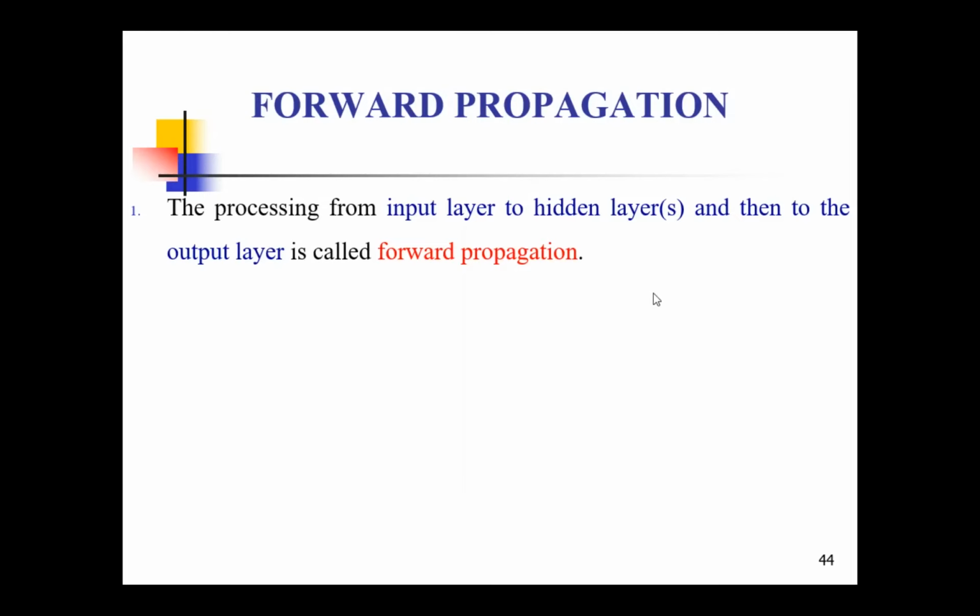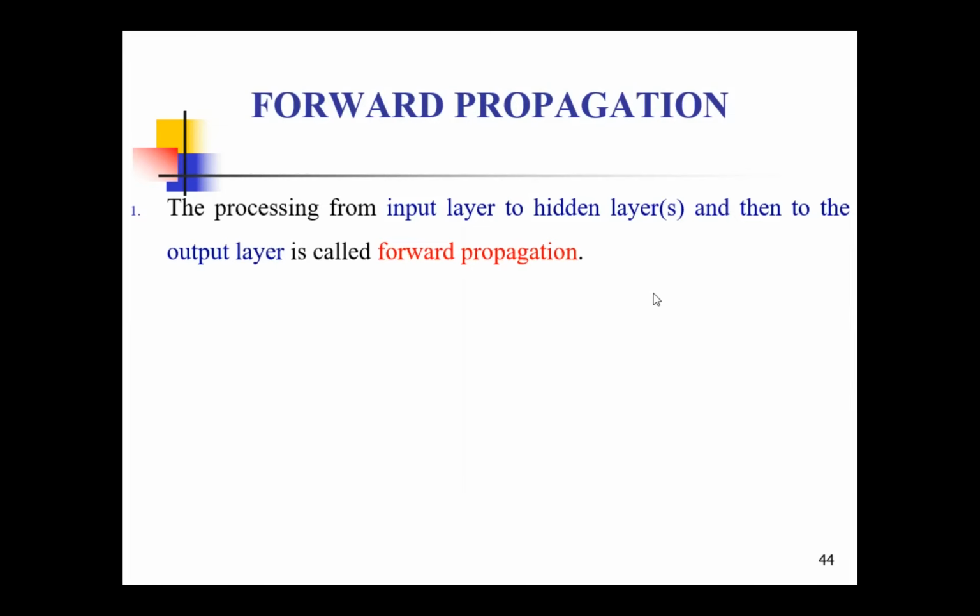Forward propagation. Previously we have seen that from the input layer, the data will get transformed to the subsequent layers. From one layer to another, the information in the data will get transferred.